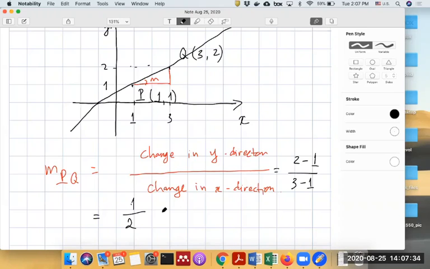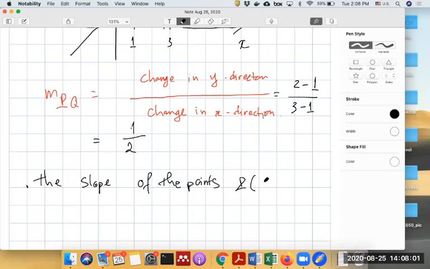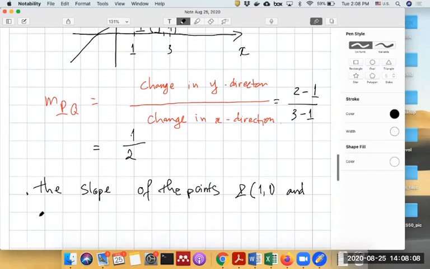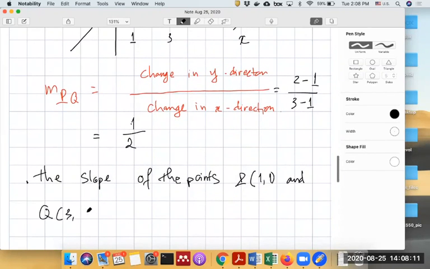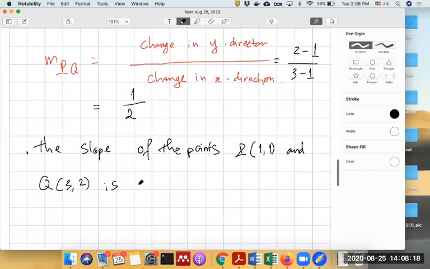Is it clear? Perfect. And now we can conclude that the slope of the point P (1, 1) and the point Q (3, 2) is M_PQ equal to 1/2.